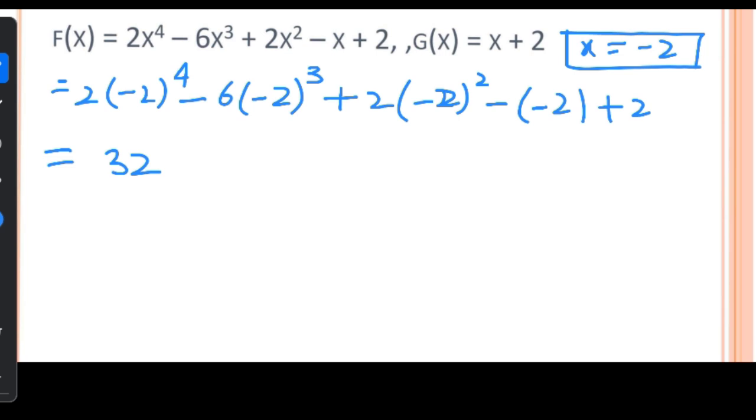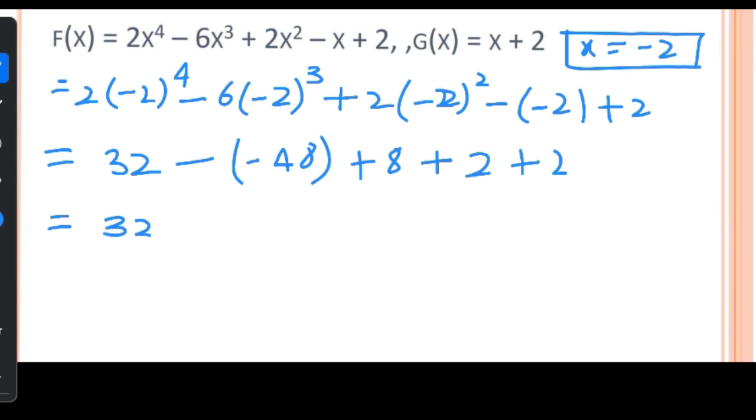32 minus minus 48 plus 8 plus 2 plus 2. 32 plus 48 plus 8 plus 2 plus 2.